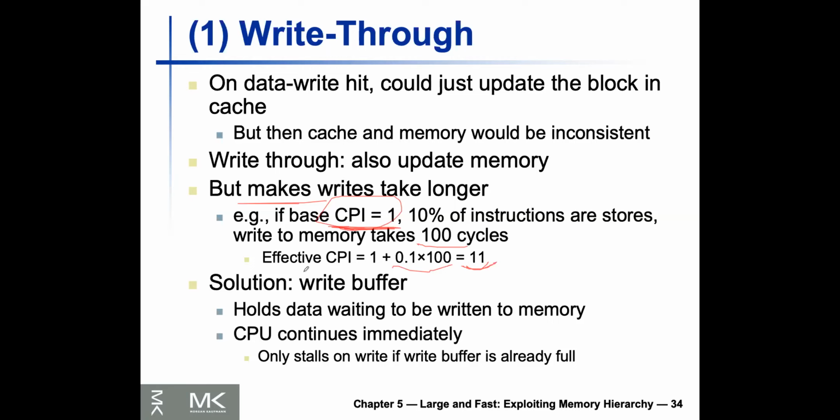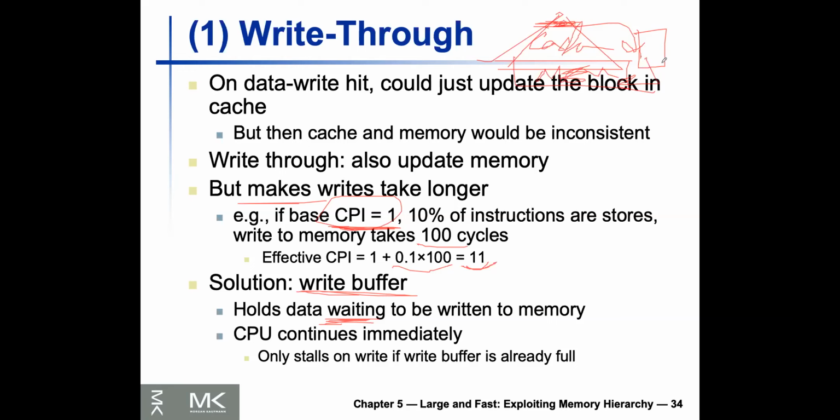So the solution was to have a write buffer. Okay, so this is your cache, and that's your memory, right? So you update this block in cache, and then the write buffer here makes sure that after some time, or after some wait, this result that was updated in cache will be updated in memory as well.